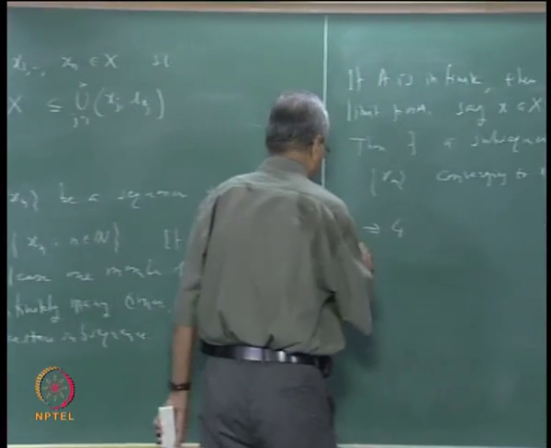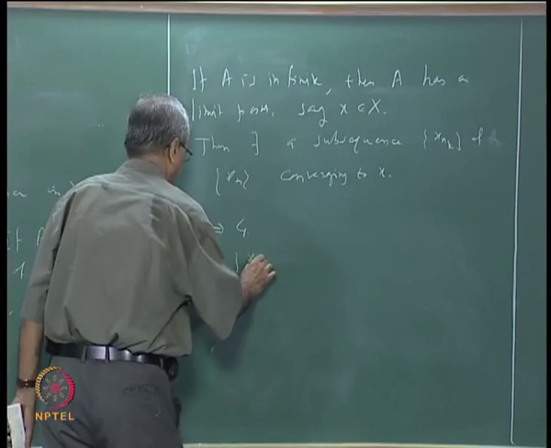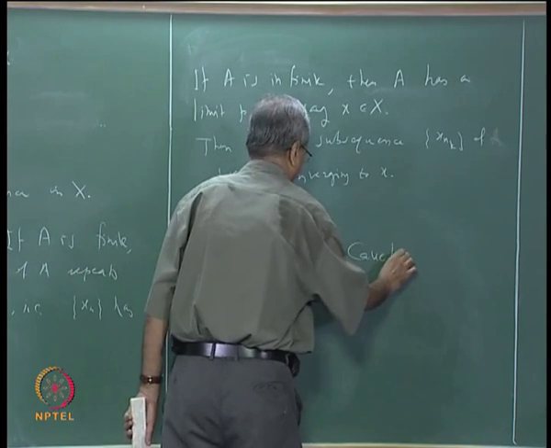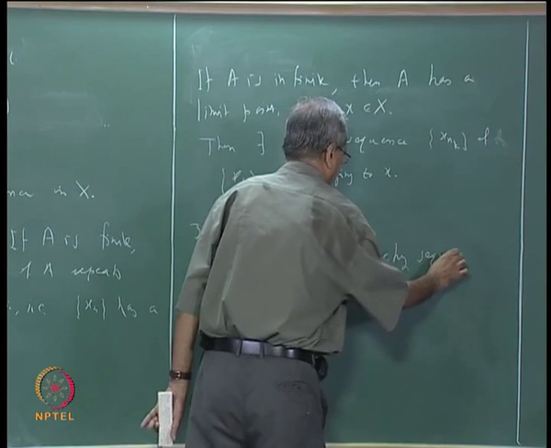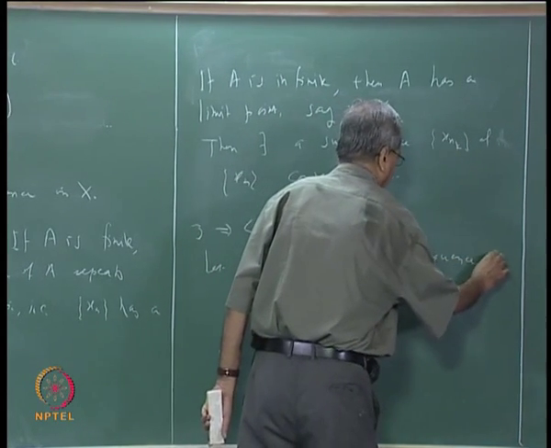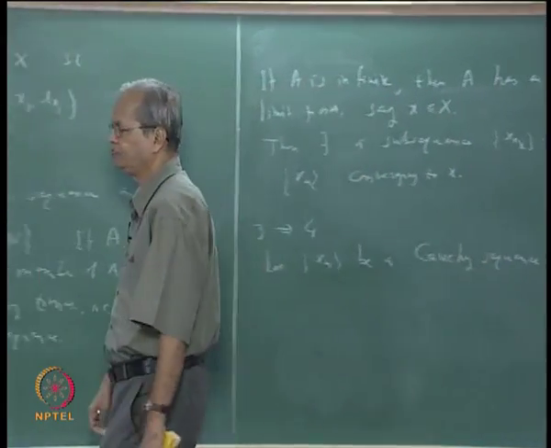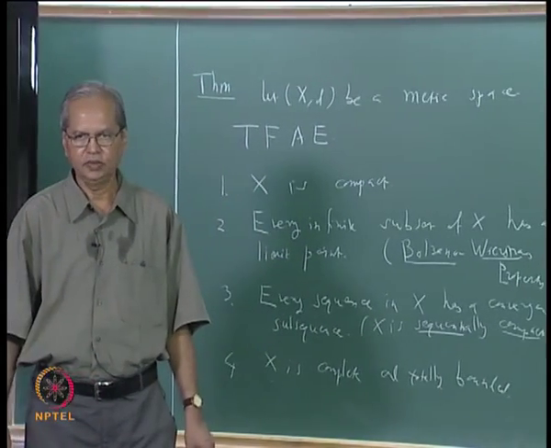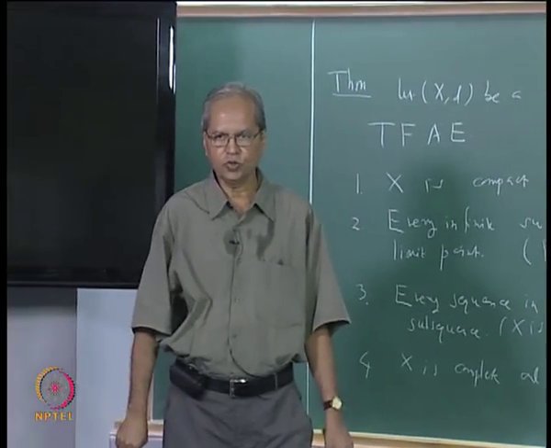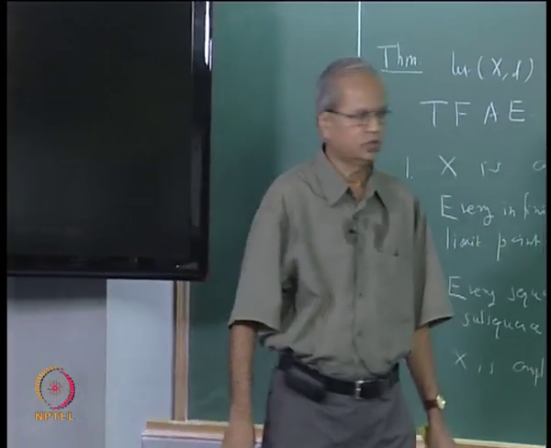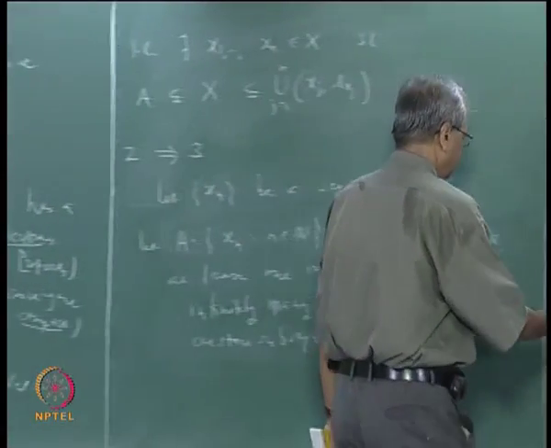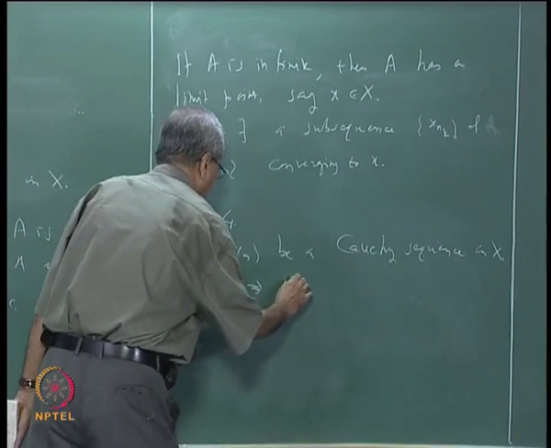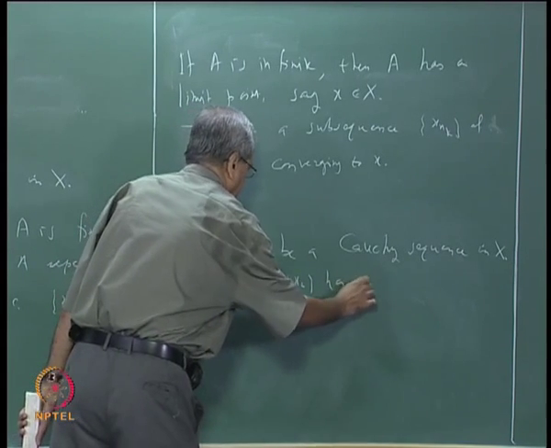So let xn be a Cauchy sequence in X. But our assumption 3 is that every sequence has a convergent subsequence. So in particular, this Cauchy sequence also has a convergent subsequence. So 3 implies that xn has a convergent subsequence.